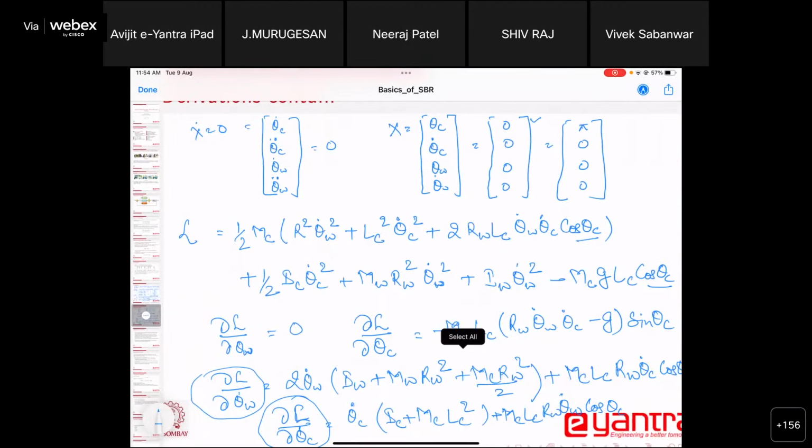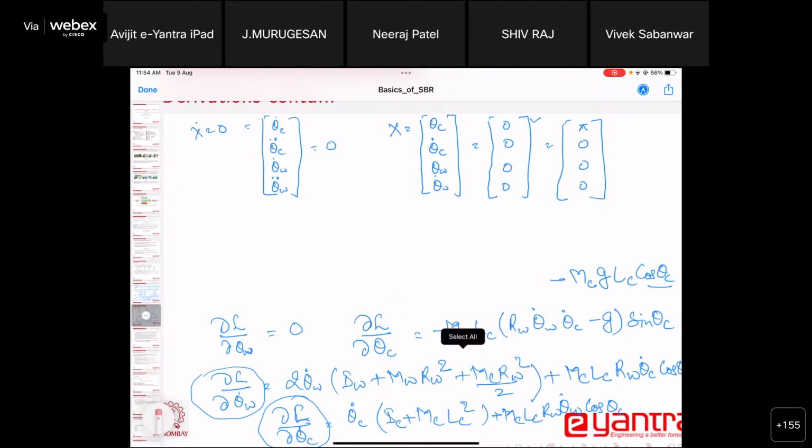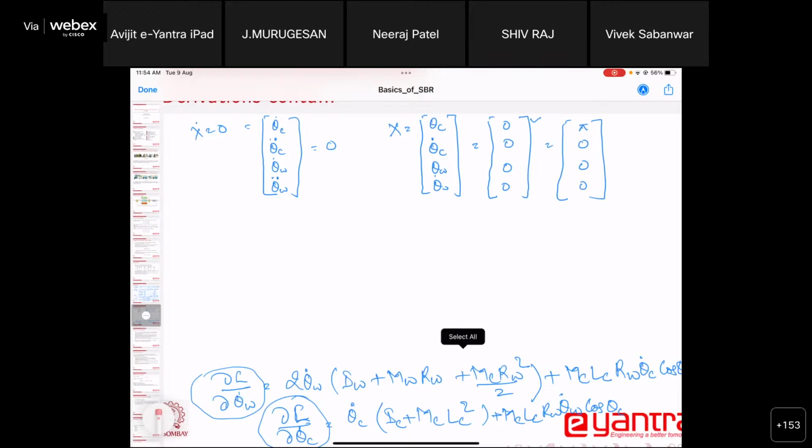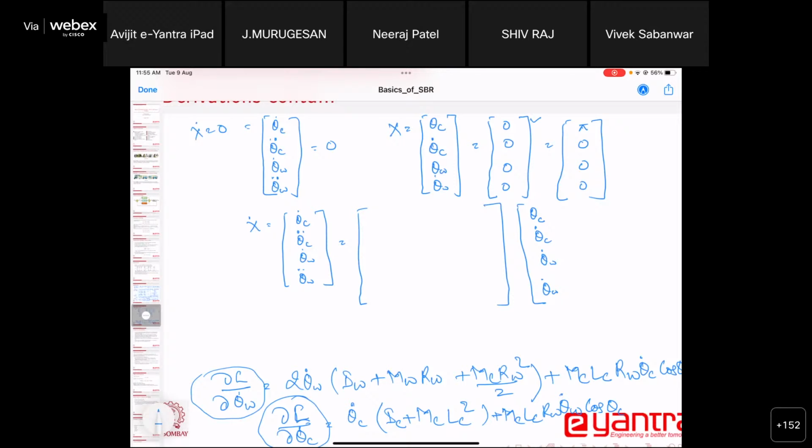So I'll need to erase something. So now x dot, which equals theta c dot, theta c double dot, theta w dot, theta w double dot, equals something times x, theta c, theta c dot, theta w, and theta w dot.